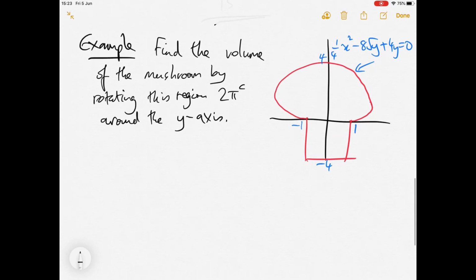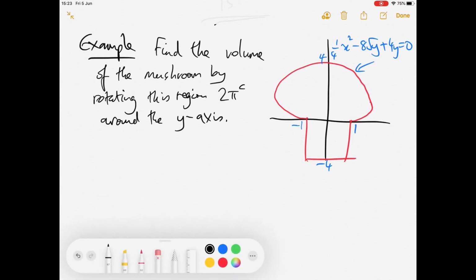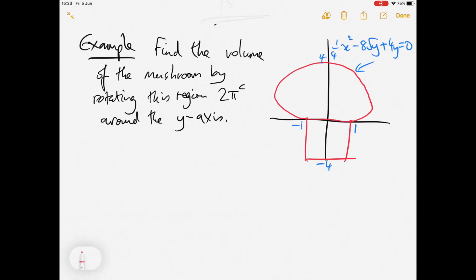Okay, so this is a little bit more demanding. So we can kind of split this up. If you think about just the piece below the x-axis, as we rotate this region, we're going to form a cylinder.